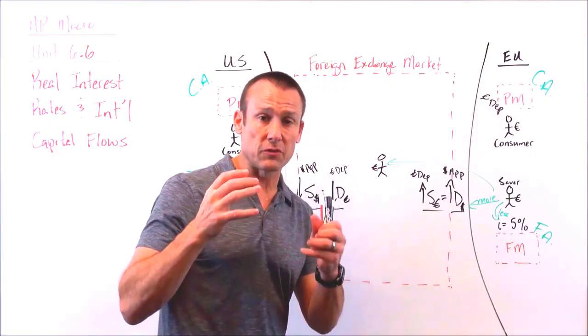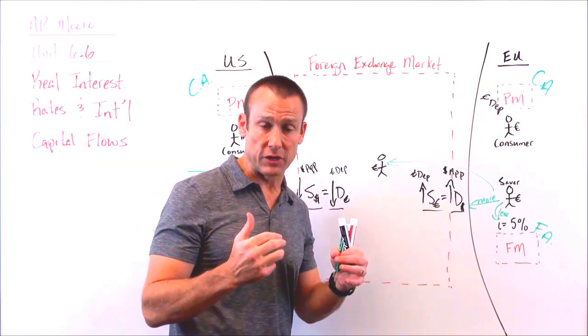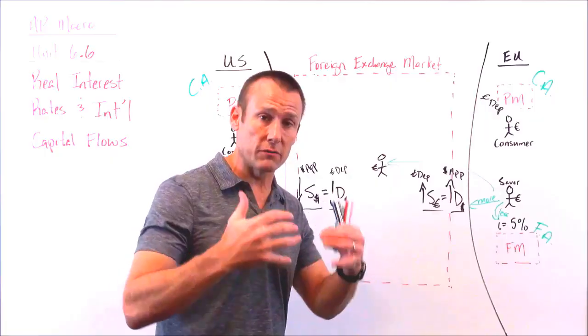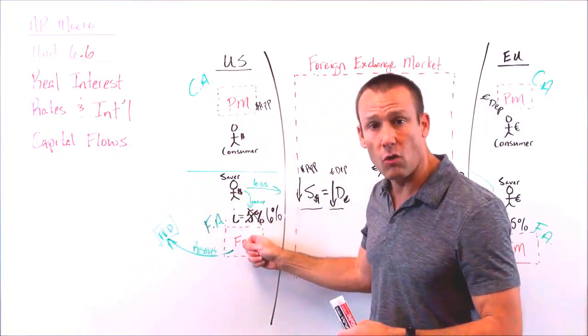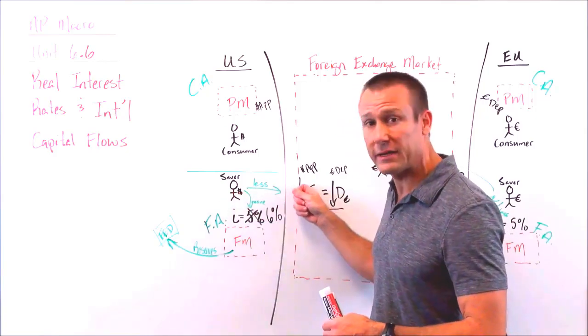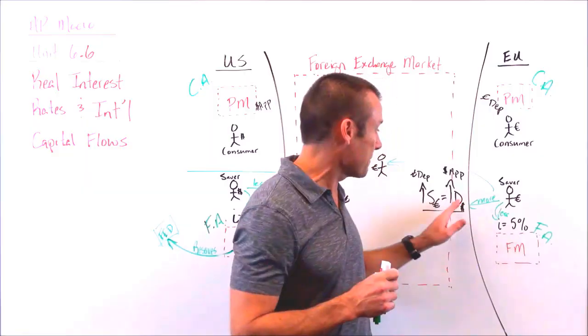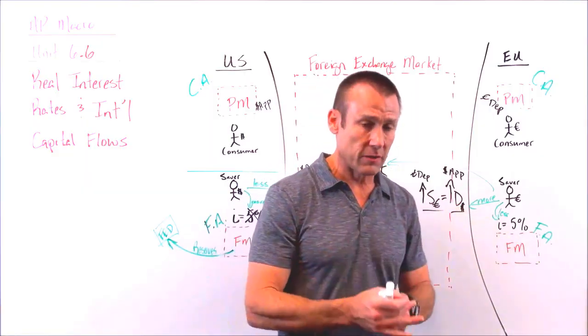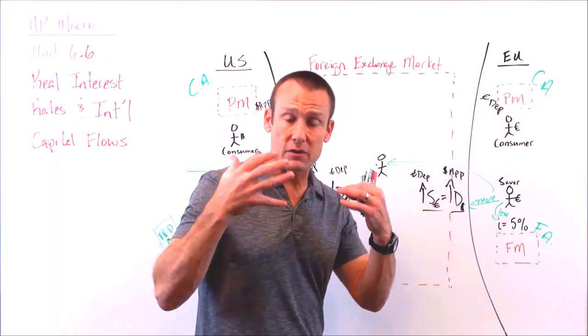Well, what this is going to create is a surplus of euros at the original exchange rate and a shortage of dollars. Remember, Americans who have dollars are going to their own financial market more and coming out here less, right? The supply of dollars has decreased. At the same time, the demand for dollars has increased. So they're out here wanting to exchange, but there's just not enough dollars there.